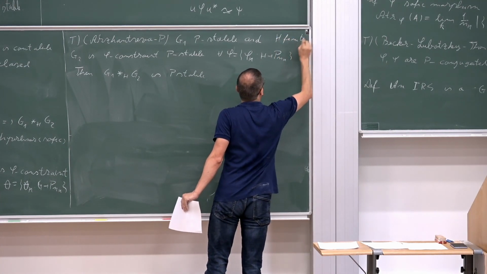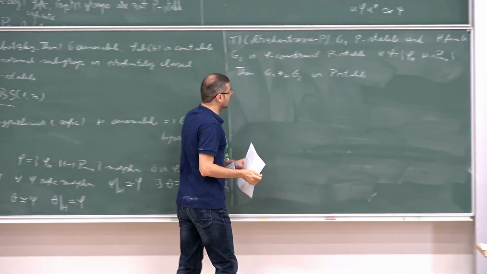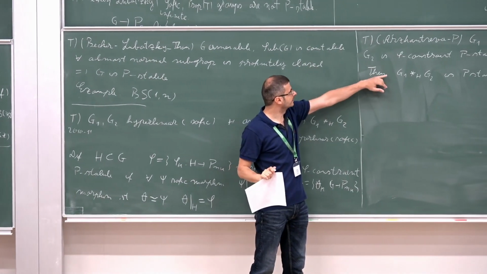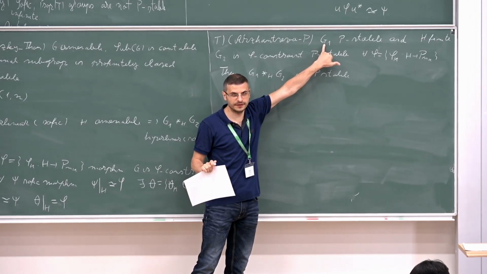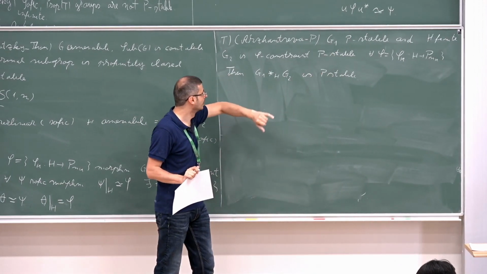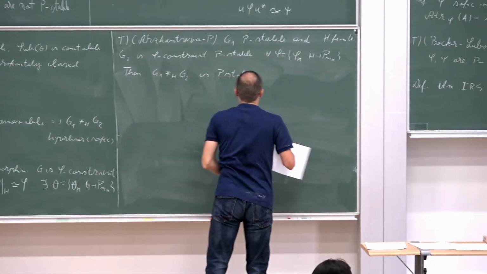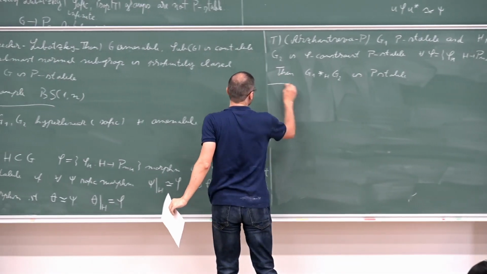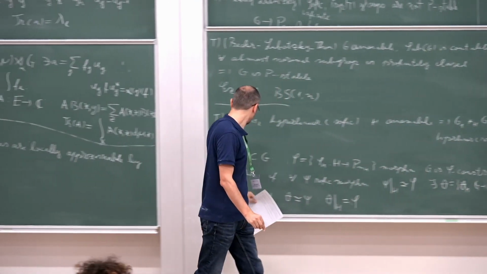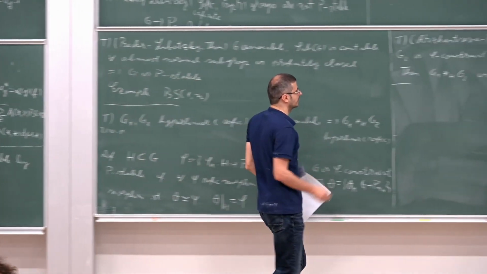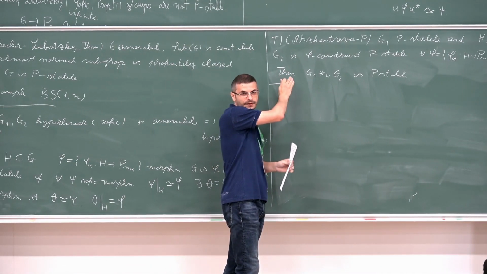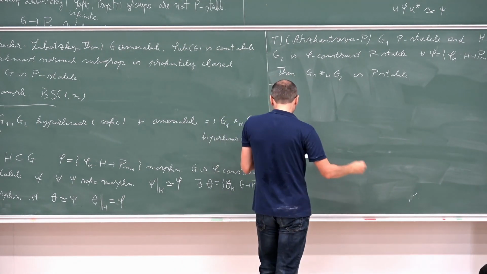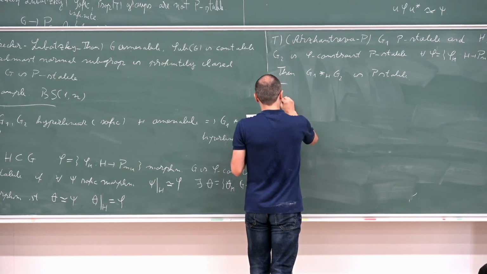It appears in too many parts of the proof, and it's possible that for this type of result where you only ask the stability of G1 and nothing else, no other condition on G1, probably you can get results only for finite H. So once you understand the notion of constraint stability, this is not that much of a theorem. The difficulty consists in finding examples, finding groups for which this can be applied.